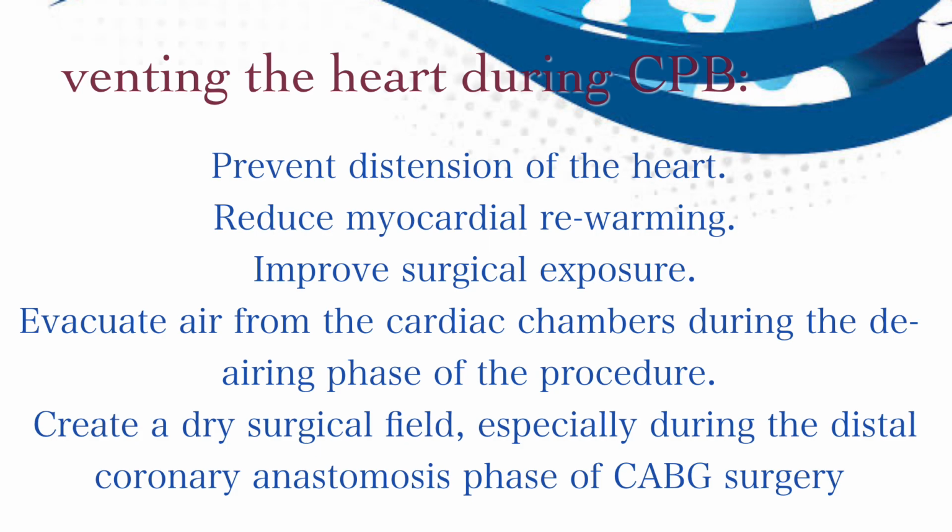Venting the heart during CPB prevents distension of the heart, reduces myocardial rewarming, improves surgical exposure, evacuates air from the cardiac chamber during the deairing phase of the procedure, and creates a dry surgical field, especially during the distal coronary anastomosis phase of CABG surgery.